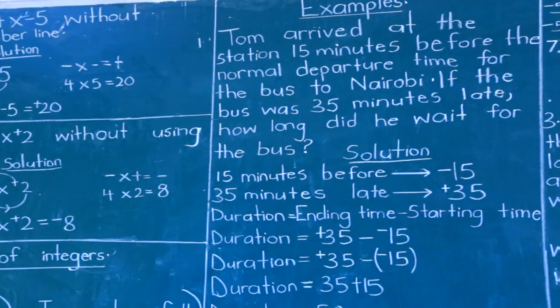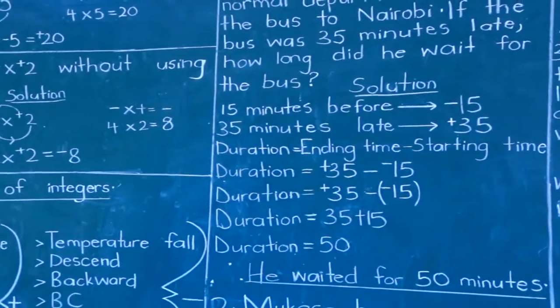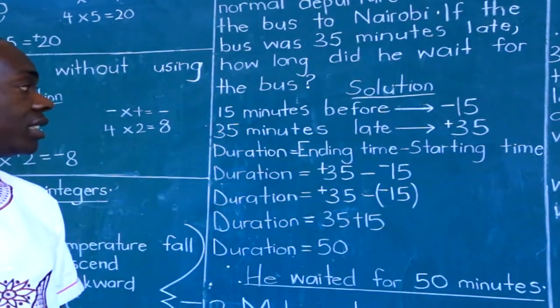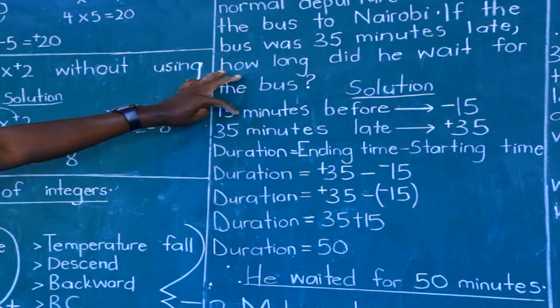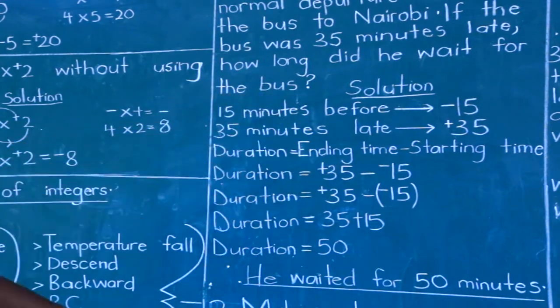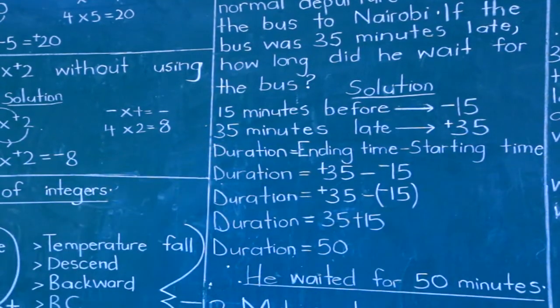In terms of integers, the ending time of waiting was positive 35, and the starting time of waiting is negative 15, because that's when he arrived there and waited 15 minutes before the normal departure time, and he ended waiting 35 minutes after the normal time of departure for that bus that heads to Nairobi.